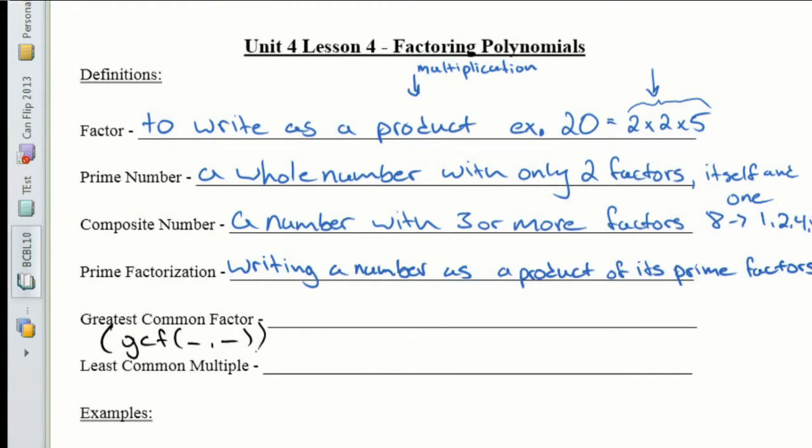And least common multiple will look something like LCM, and we'll put two numbers in brackets. So these are two terms that come up a lot. Least common multiple could be lowest common divisor as well, so LCD. That's another acronym for the same thing.